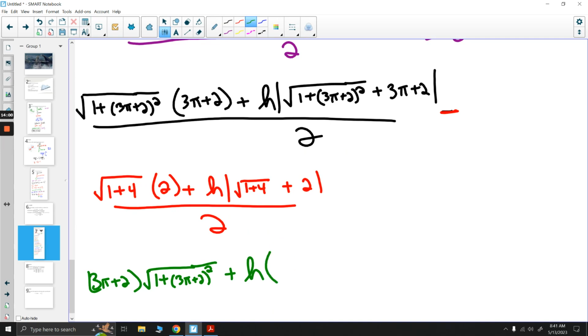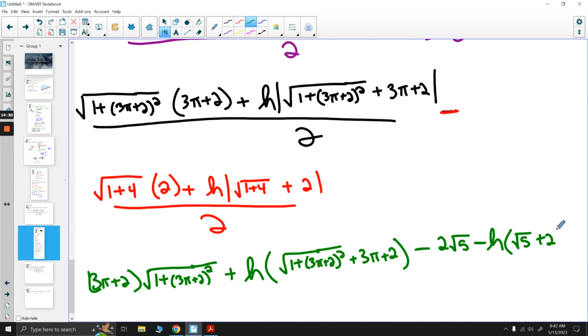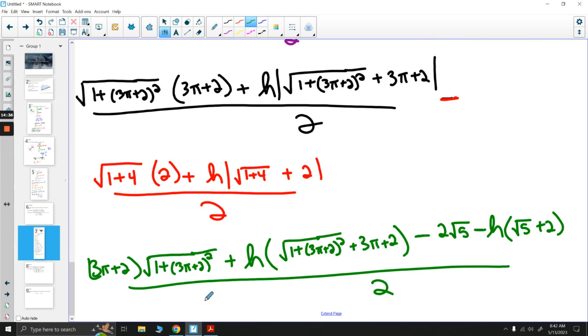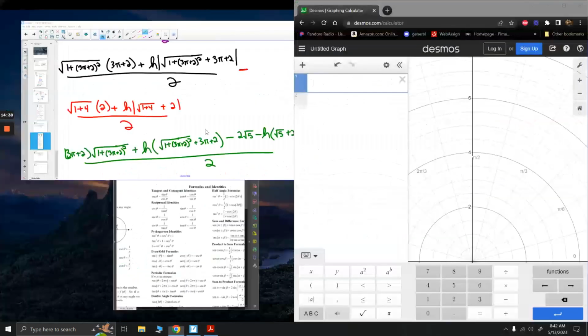Natural log of the square root of 1 plus (3 pi plus 2) squared plus 3 pi plus 2, minus 2 square roots 5 minus, because the negative distributes to the whole top, minus natural log, and again, same thing as before, we don't need parentheses, natural log of square root 5 plus 2, and this is all over 2. Okay, now that's hideous. That's an absolutely terrible form, but it is what it is.